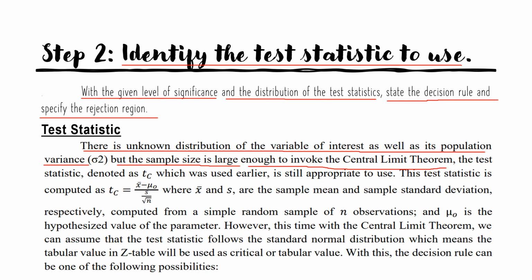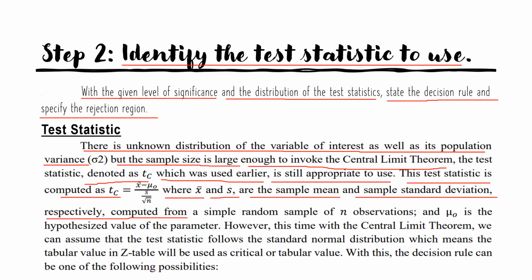So the test statistic denoted as T sub C, which was used earlier, is still appropriate to use. This test statistic is computed as T computed, which is equal to X bar minus the hypothesized population mean over the sample standard deviation over the square root of n, where X bar and S are the sample mean and the sample standard deviation, respectively, computed from a simple random sample of n observations, and mu sub 0 is the hypothesized value of the parameter.